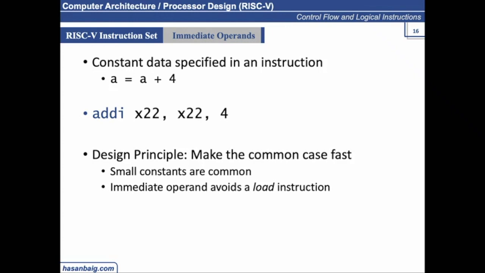In that case, let's say addi x22, x23, and then 4. So there are two different registers. We are not incrementing in this case. They are just adding an immediate value. Incrementing is what we are doing here. Okay? Any other question? Good.